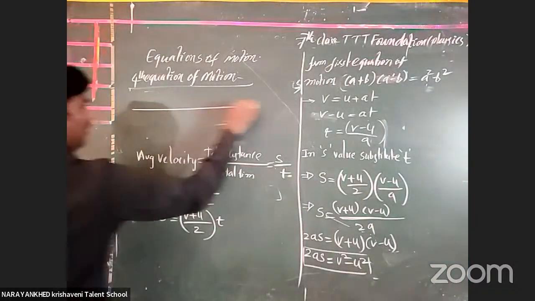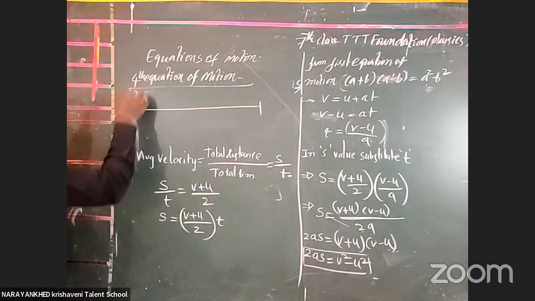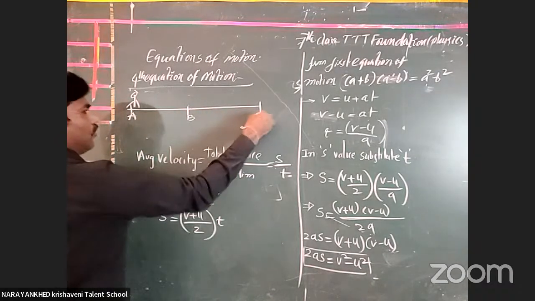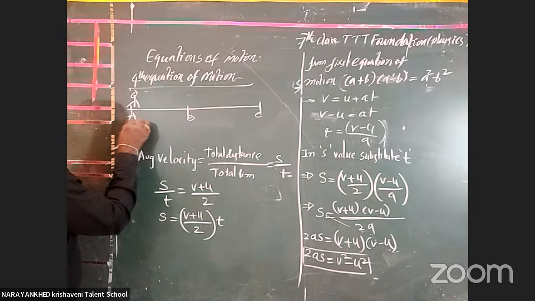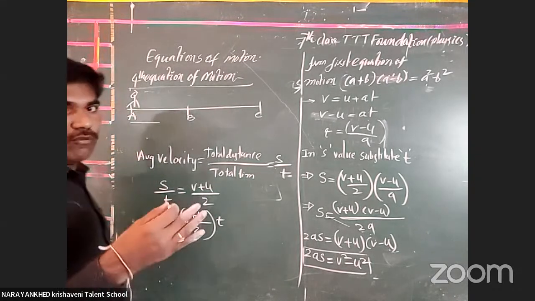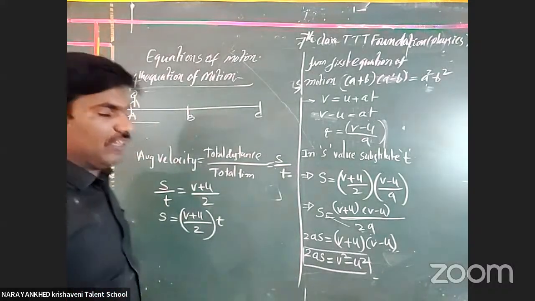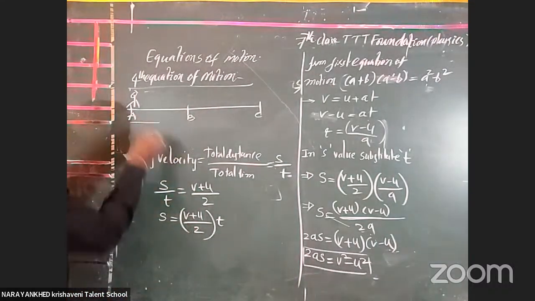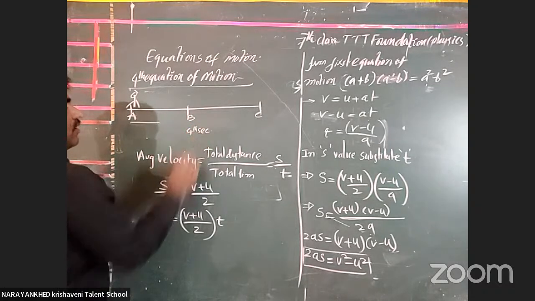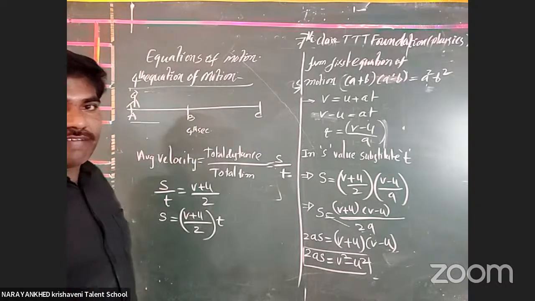Suppose one car or one man starts at point A, then point B, then point C, and in total travels some distance. We already have one formula: s is equal to ut plus half at square. In case it is the fourth second or fifth second, how much distance is traveled?